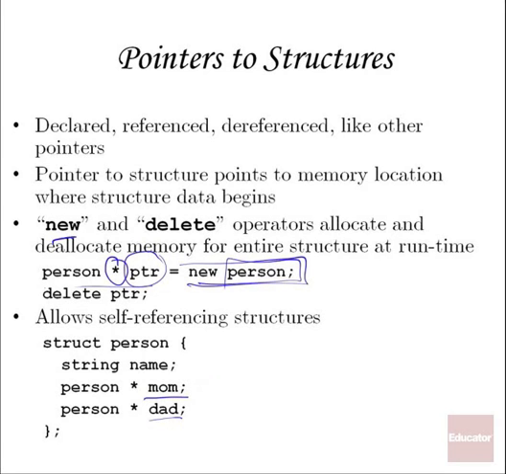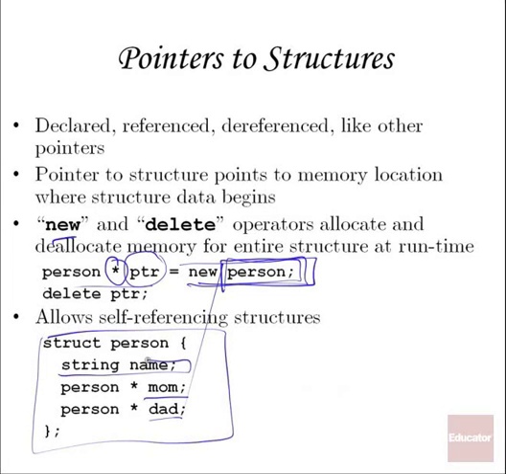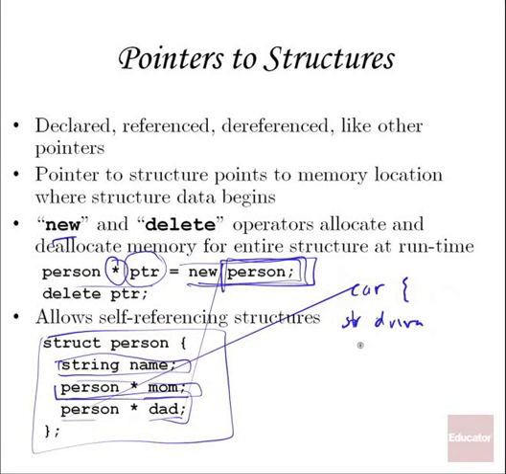And one thing I want to also stress here is, remember, person is a structure. The amount of space depends on the amount of space of each of its members. So if we had a car, for example, with a driver, let's say that's a string, and a float for the weight, another float for the horsepower, and whatever else you want to put in there, and that's all part of the car structure.